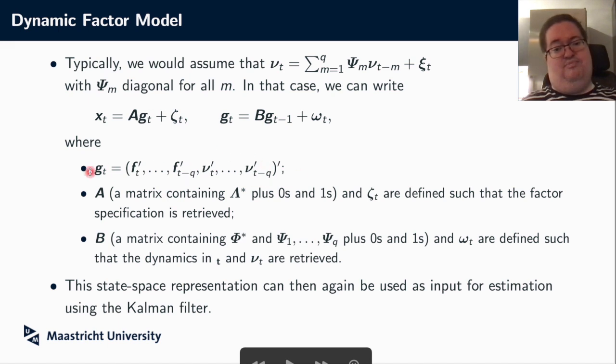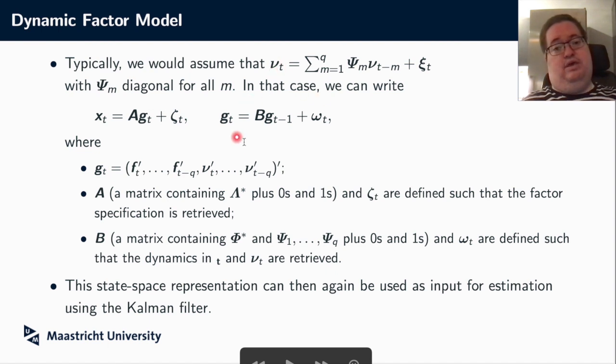And we can say that this bigger extended factor vector, which I now call G_t, is actually explaining X_t. Now, the elements in this matrix A would be determined by the lambdas, the loadings of the factors, and 0s and 1s to indicate where the right idiosyncratic components actually come in.